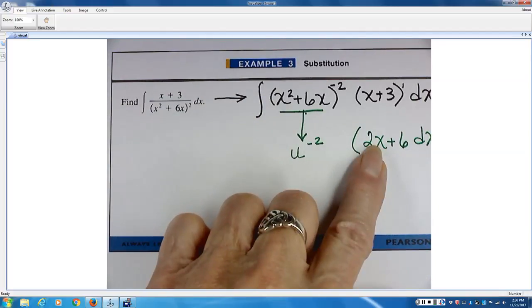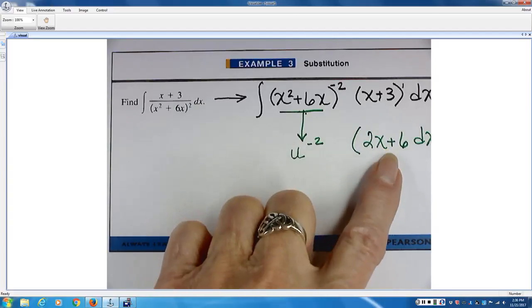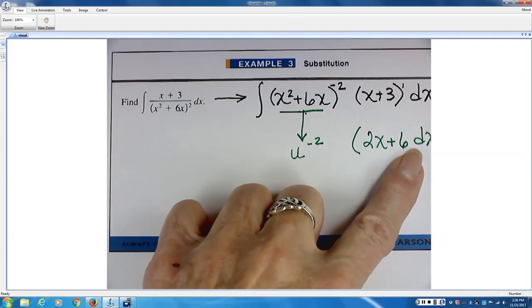So, do I have du? Do I have 2x plus 6? No. Could I make 2x plus 6 out of what I've got? Yeah, it says dx.